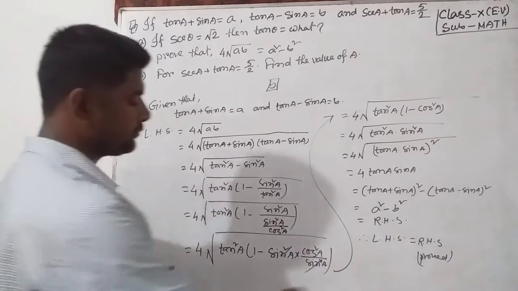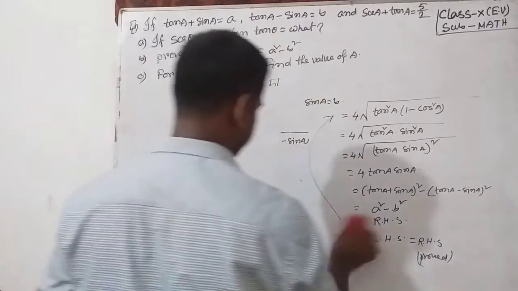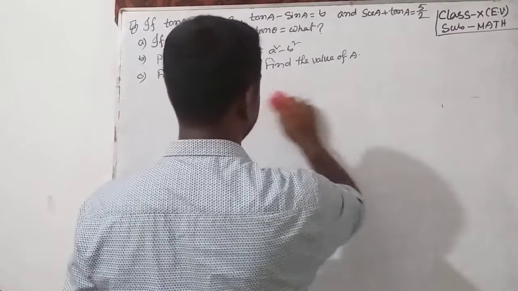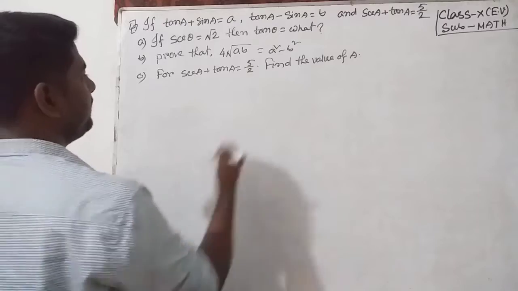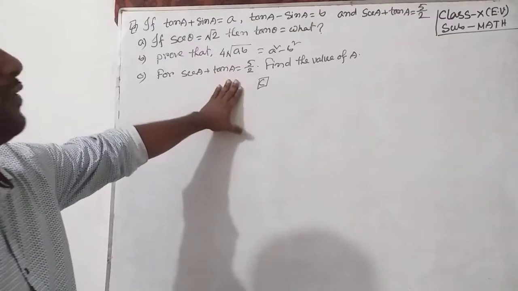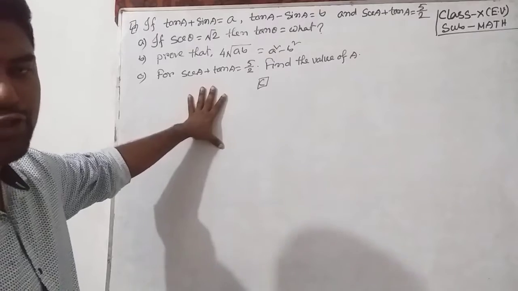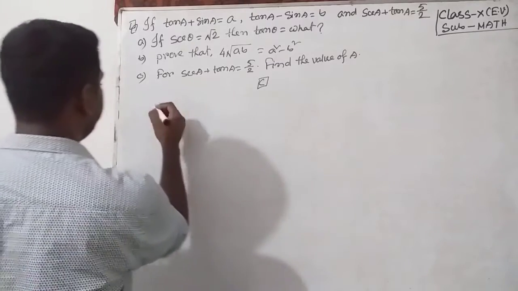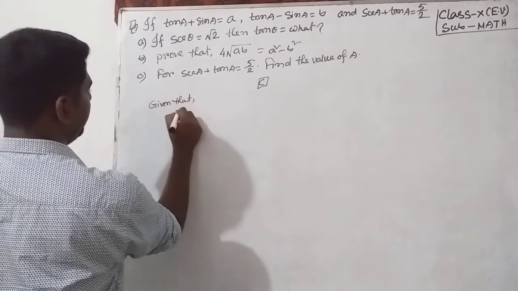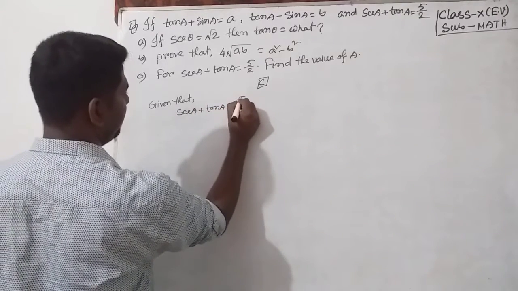Okay, number C. For sec a plus tan a equals 5/2, find the value of a. That means for sec a plus tan a equals 5/2, we have to find out the value of a. So we can write, given that sec a plus tan a equals 5/2.